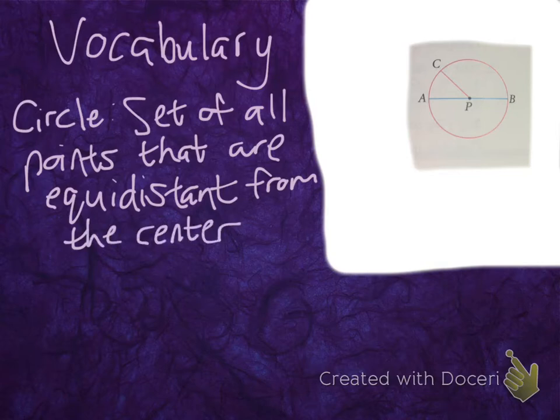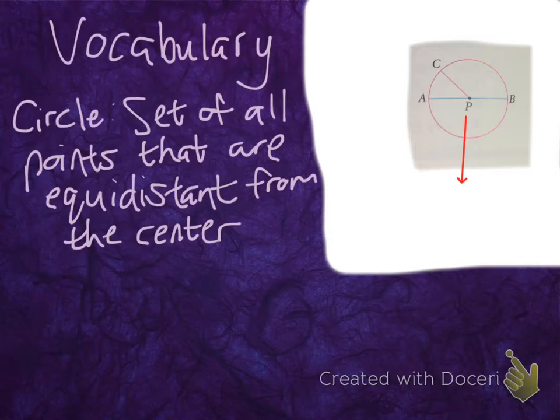And when I'm looking at the center in this picture that I have to the right here, the center would be point P. So we would call this circle specifically circle P. Whatever the center is, we would call this circle P because that's the center.